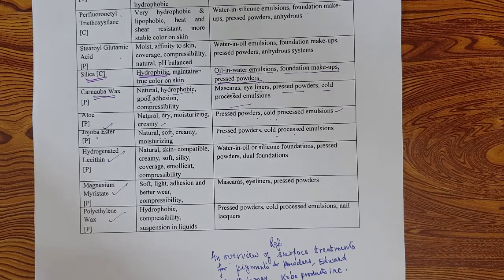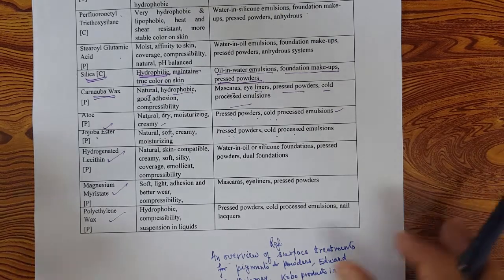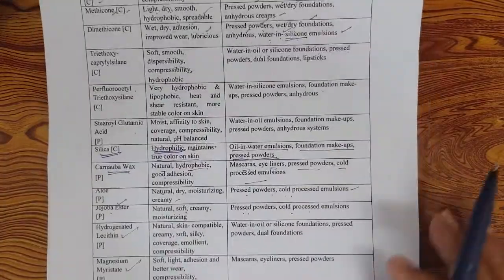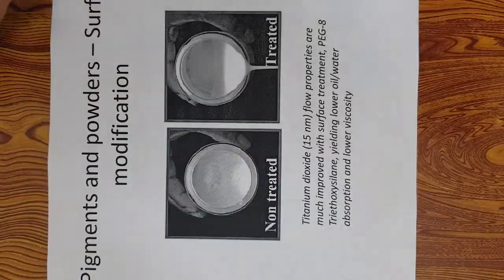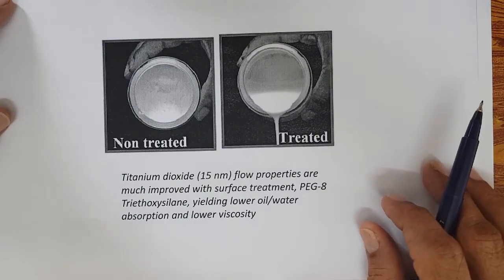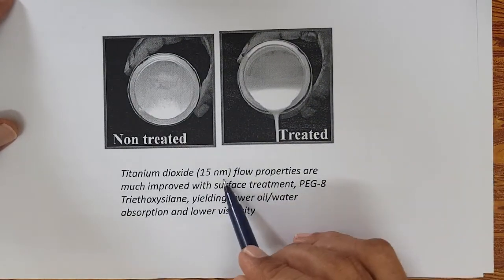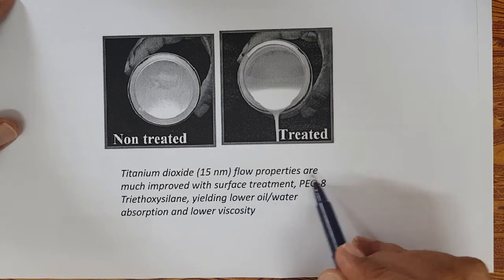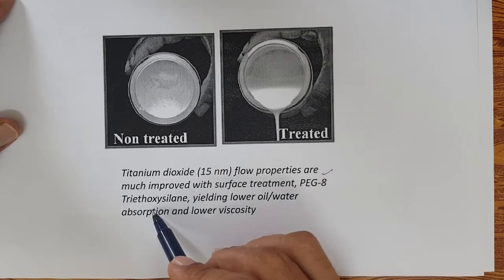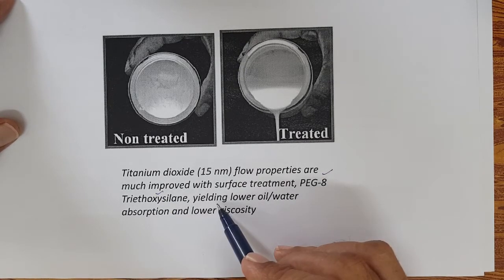So the field is just evolving, right? It's evolving very fast also, right? This is the one, right? Now this is a thing now where titanium dioxide 15 nanometers flow property is much improved with surface treated PEG triethoxysilane.